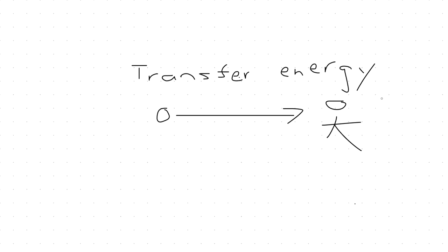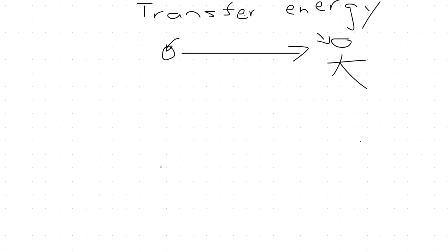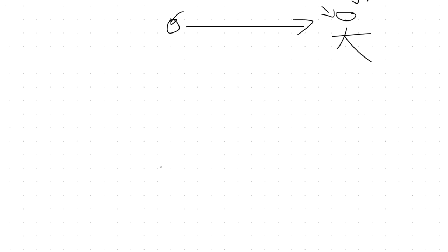But for a wave, I don't need to move the ball from here to here. All I have to do is an oscillation, which is going back and forth about a point. Usually, a traveling wave has a source that does oscillations back and forth.